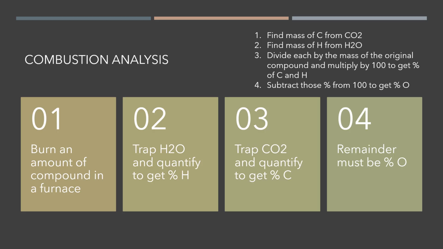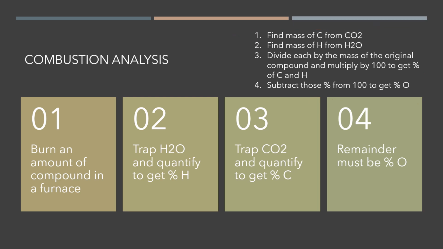All right, so now let's look at combustion analysis. So we know what a combustion reaction is now. We can actually determine the molecular formula of, say, a hydrocarbon, or maybe a compound that has carbon, hydrogen, and oxygen, based on how much CO2 is produced and how much water. So I have some steps up here for you to follow.